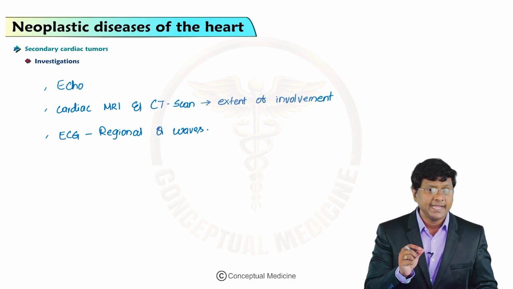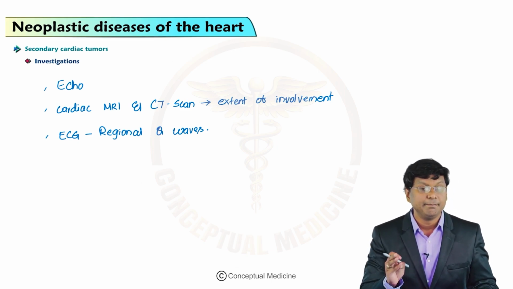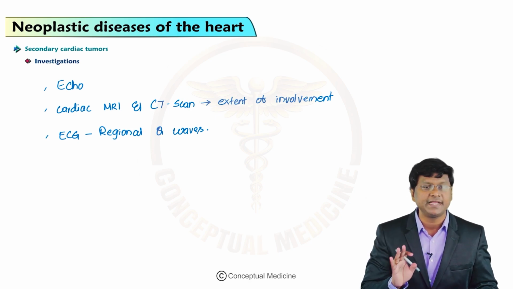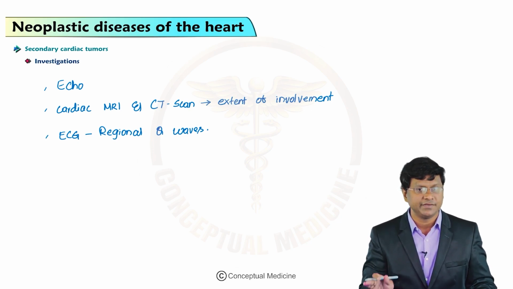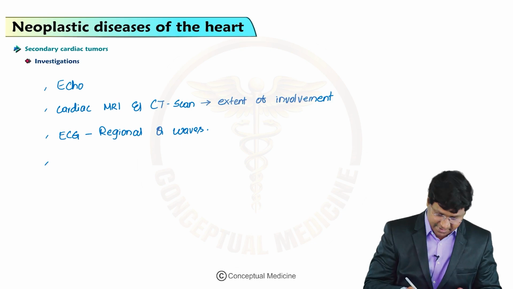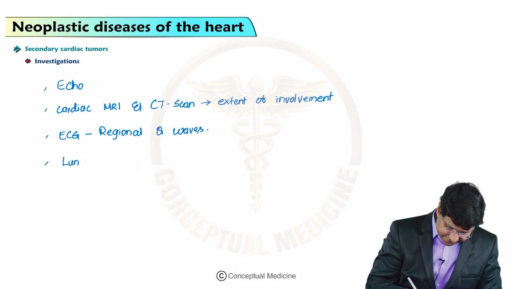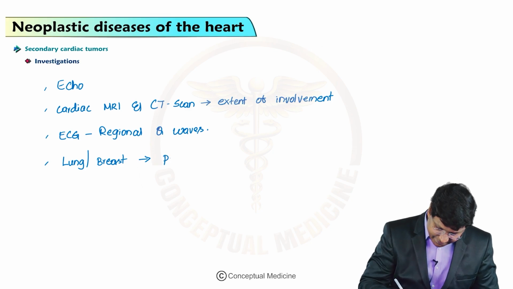Then, metastatic tumors, especially lung or breast, may invade the pericardium and result in very large pericardial effusions.